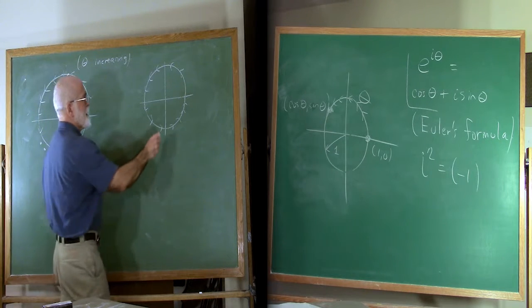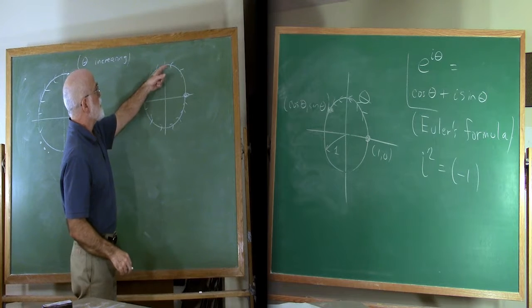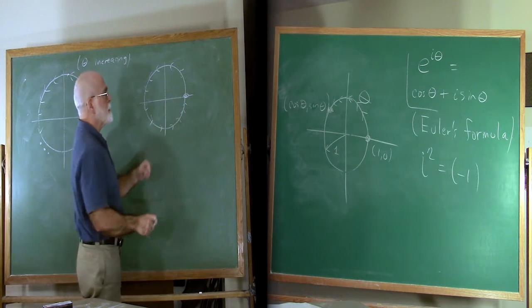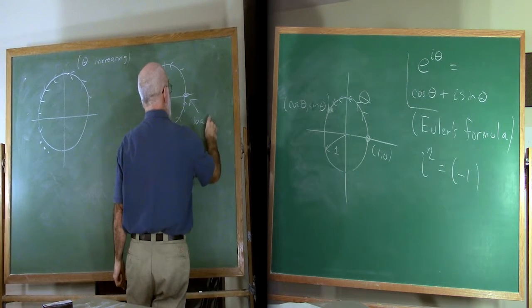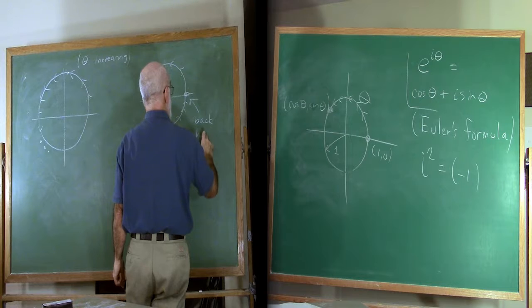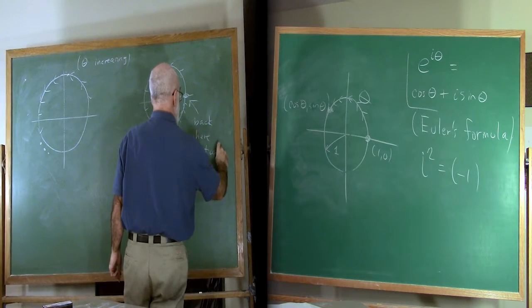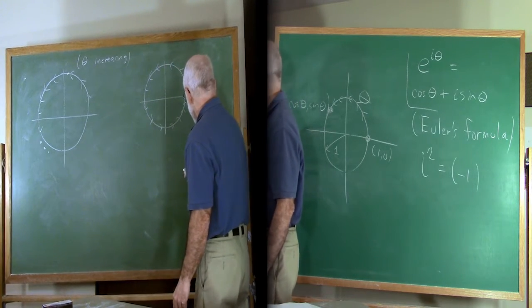We started out at 1, 0, traveled around, and ended up back where we started. That's theta going from 0 to 2 pi.